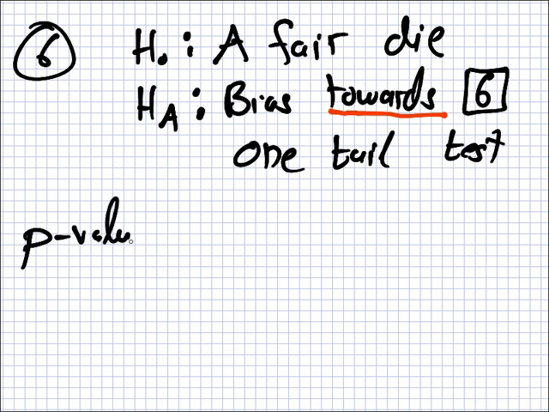P-value. Now, we'll call getting a 6 a success and not getting a 6 a failure. So, how many successes are there in the data here? 10. And what would be more extreme? 10 or more? We always take the more extreme. Yeah. 10 or more 6s.